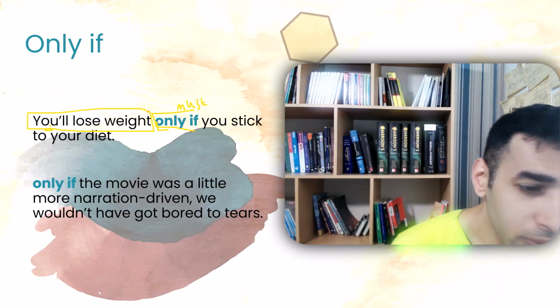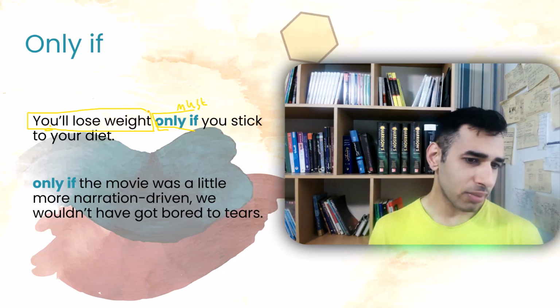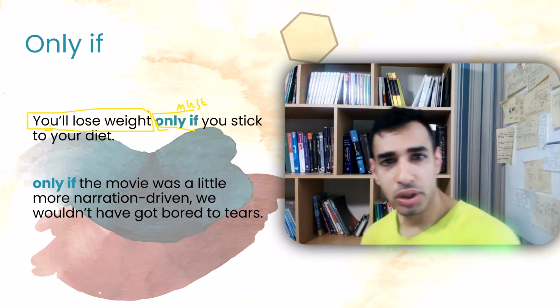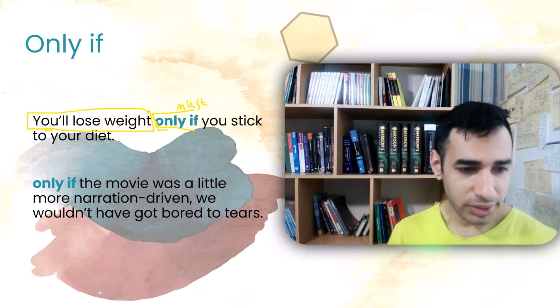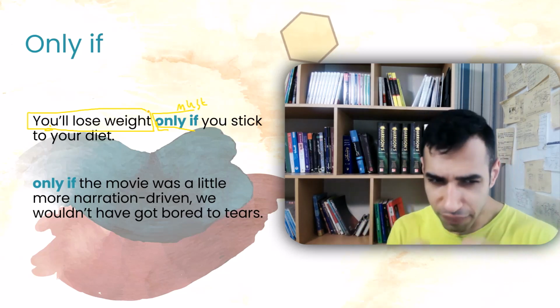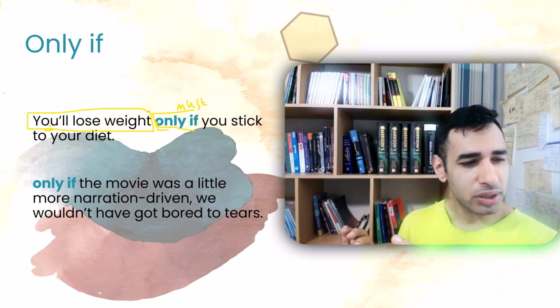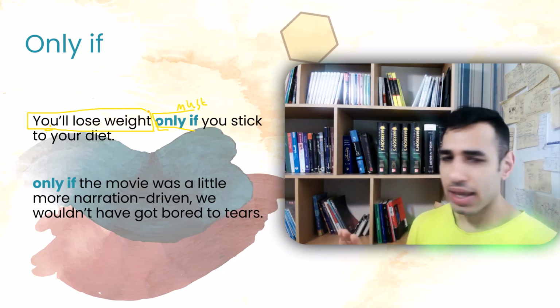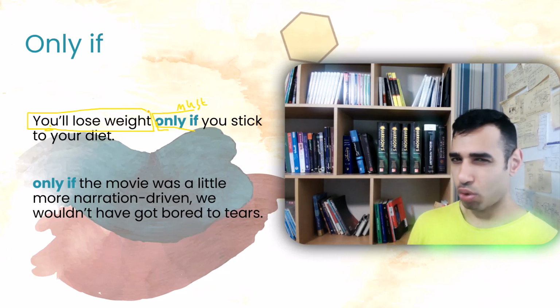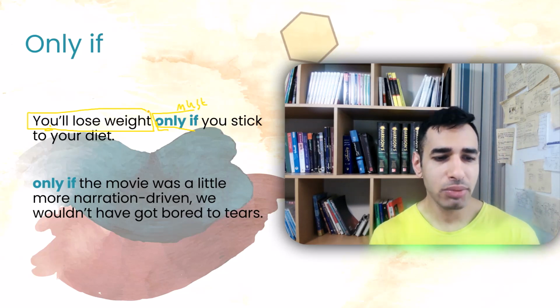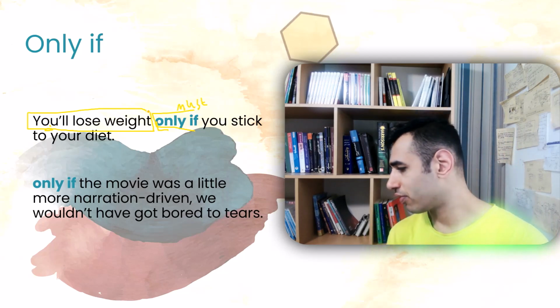The movie, yeah, it's talking about the past. Only if the movie... I want to rephrase this sentence for the present. Only if this movie is a little more narration-driven, narration-based, we won't get bored to tears. So I want this movie to be a little more narration-driven.